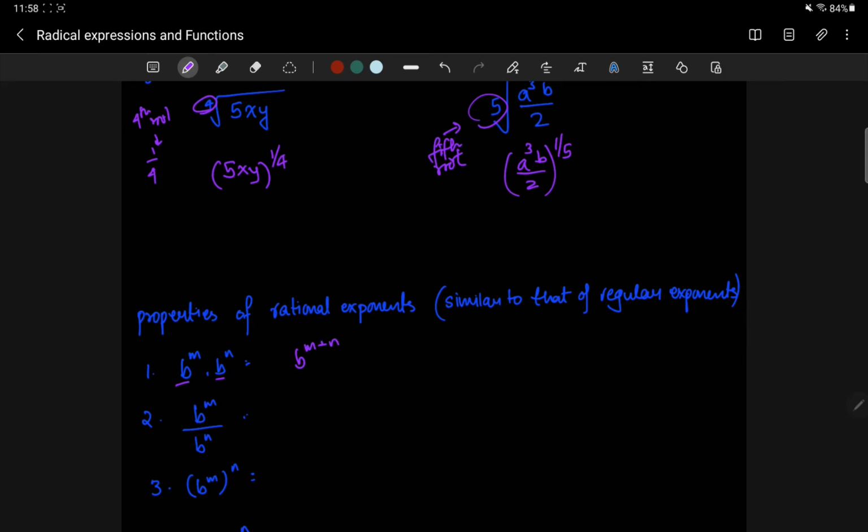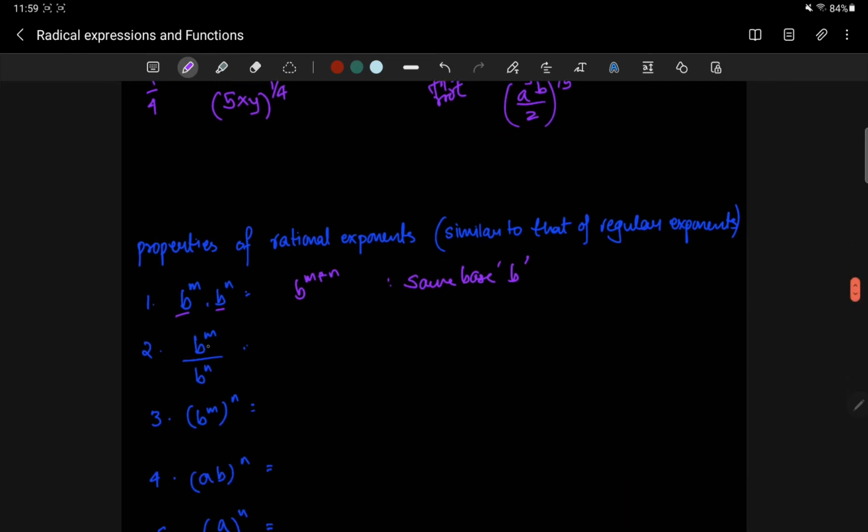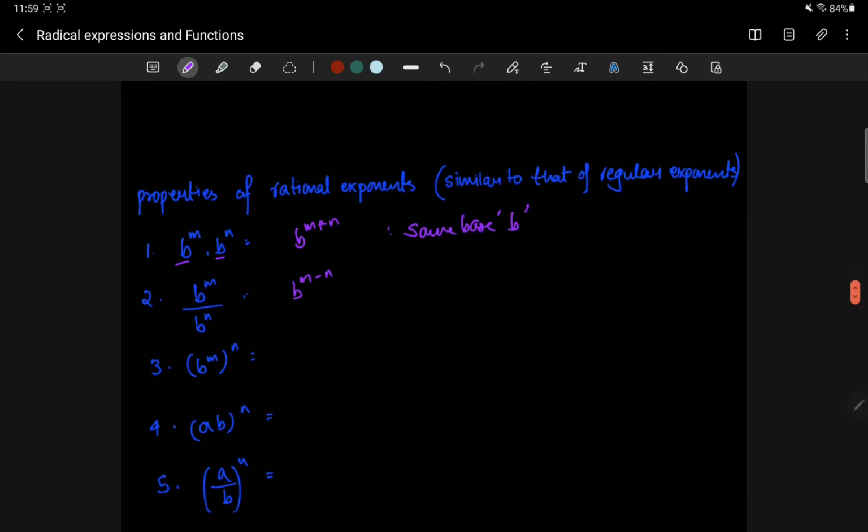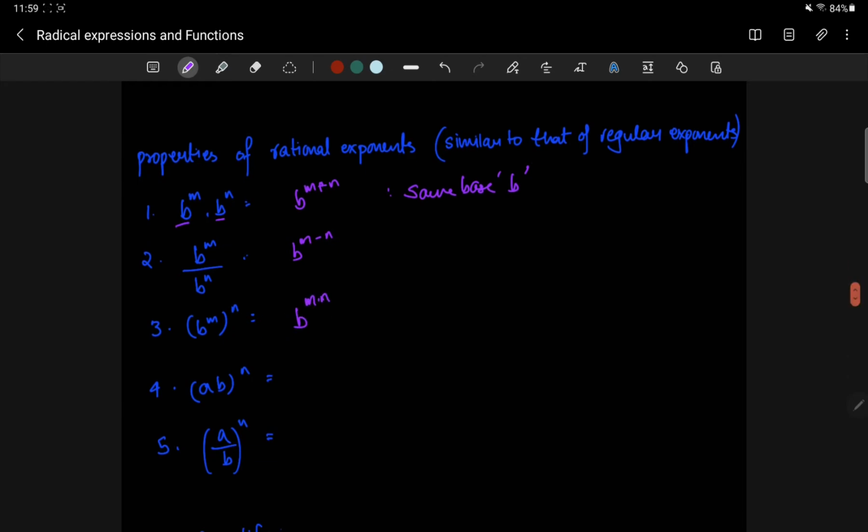If you have the same base b, then when you multiply two numbers with the same base but different exponents, the exponents add up. And the same thing with same base division. In this case, the powers subtract. If you have an exponent of an exponent, then they multiply.